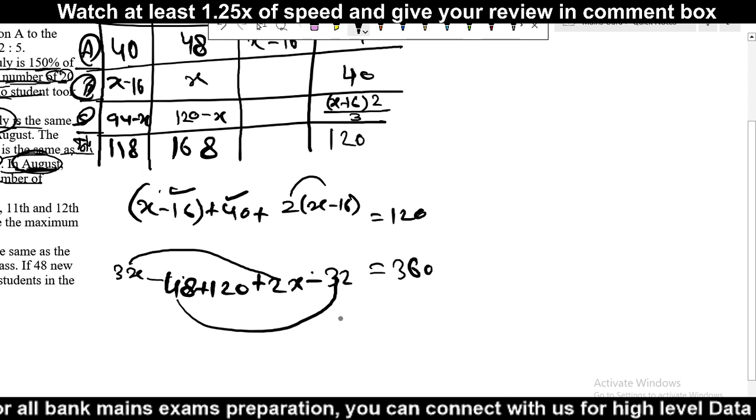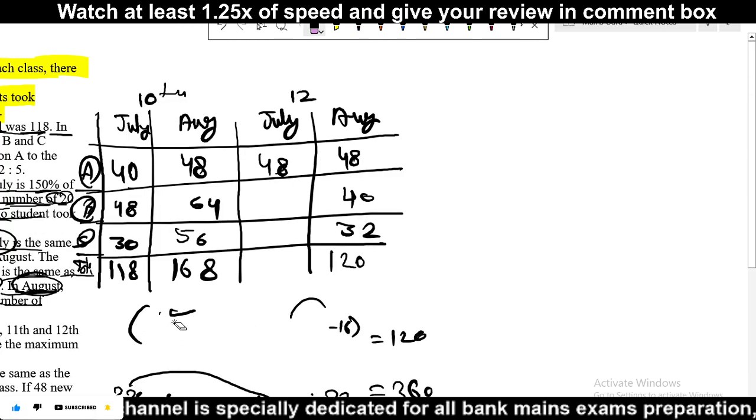Now solve this part also: 48 divided by 3 and multiplied by 2 will give us 32. So most of the values we have calculated, only two values are still left.